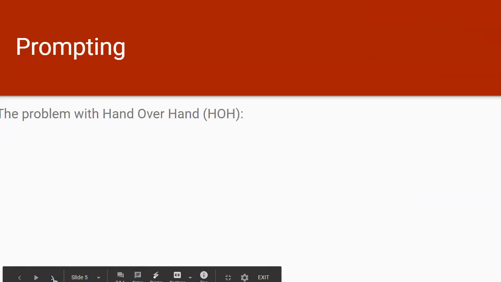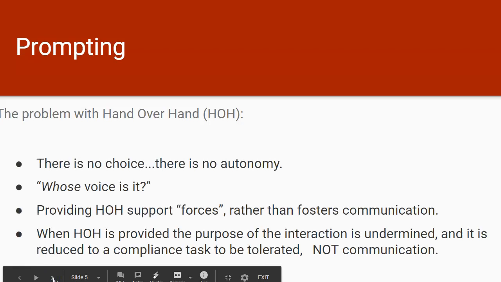We're going to take a moment and look at some of the problems with hand-over-hand support. There is no choice. There is no autonomy when a staff member is giving hand-over-hand support. Whose voice is it? The student's or the staff member's?